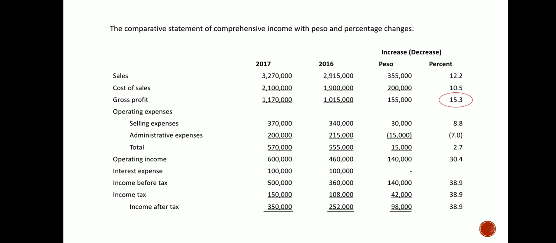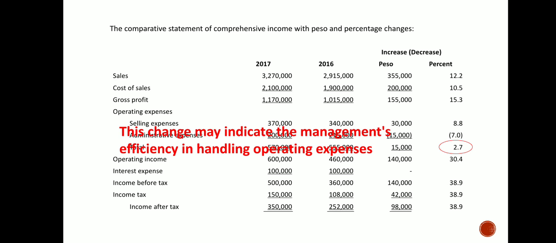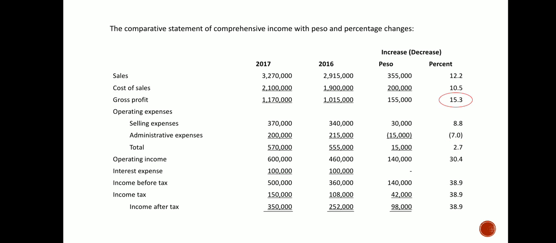So the changes in sales and cost of sales ultimately increased the gross profit by 15.3%. The increase in gross profit was considered favorable because it was enough to cover the minimal increase in operating expenses.